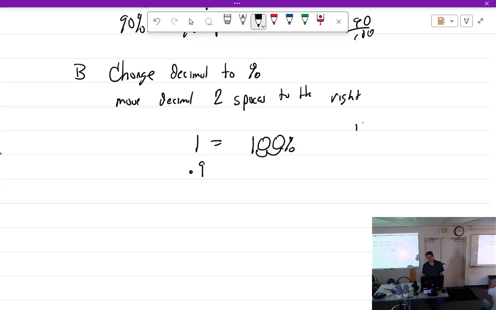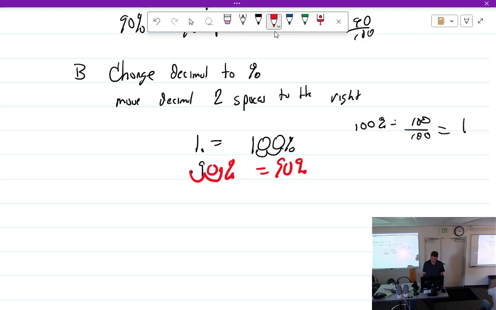Well, because 100% equals 100 over 100, and 100 divided by 100 equals 1. So to change it, 2 places to the right, add the zeros. 0.9 is what percent? 90. 1, 2. Put a 0, add a percent. Equals 90%. All right.